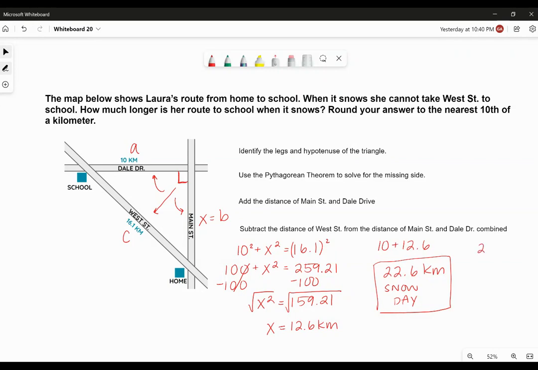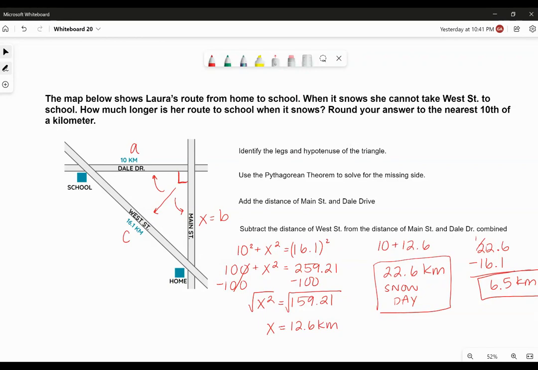So that's 22.6 minus 16.1. And we end up with 6.5 kilometers. So when it snows, Laura has to walk 6.5 kilometers more to get to school, or drive 6.5 kilometers more to get to school.